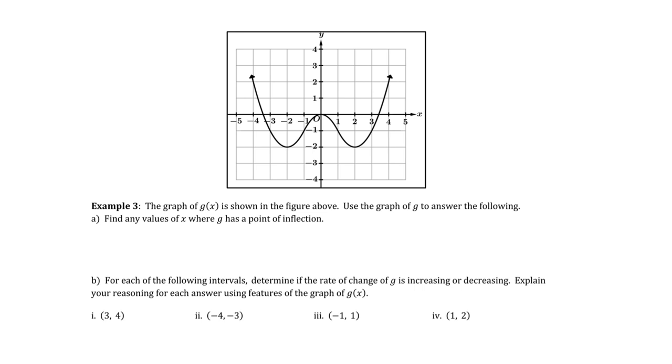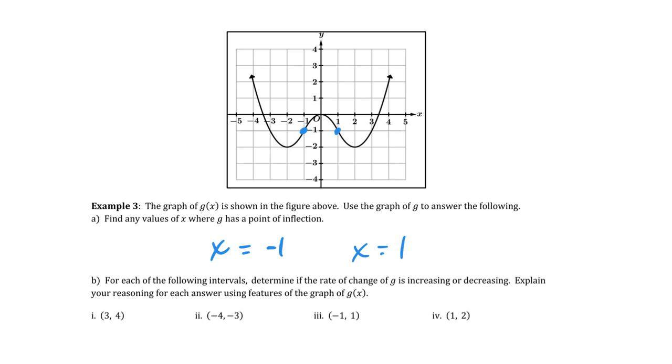It takes a little bit of work with calculus, but because we're not in calculus, we're going to just kind of guesstimate where it is. And if I had to guess, I would say somewhere in there. So I would say there's a point of inflection at -1. Remember I said at -1, and a point of inflection at 1. Remember, your x value is a where, your y value is a what, and they want to know where.